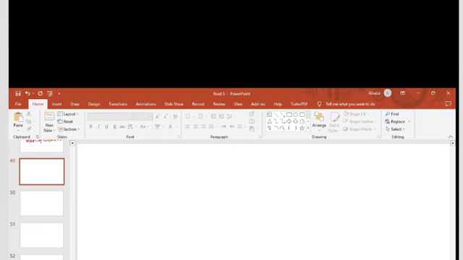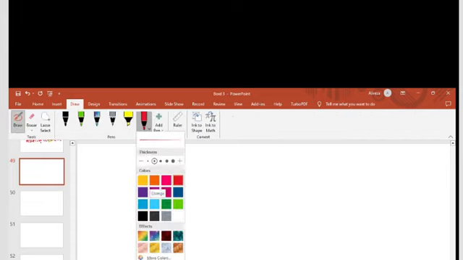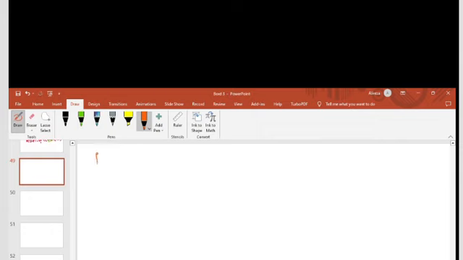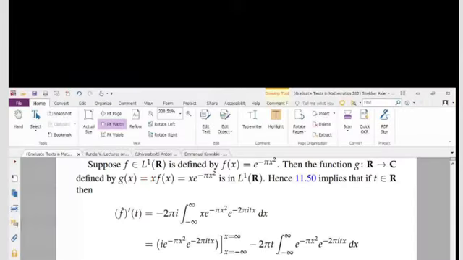f hat prime of t equals minus 2 pi g hat of t, and this is equal to minus 2 pi times g hat, and this is our g hat.